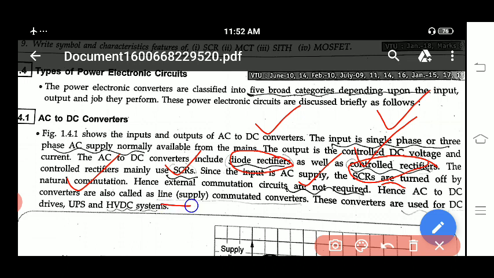You can call this a line commutation. These converters are used for DC drives, UPS, high voltage DC.